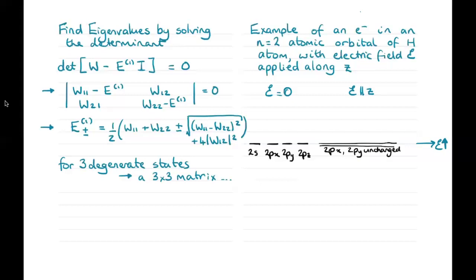But if we just think about it first, the linear combination consisting of s minus pz looks like this.